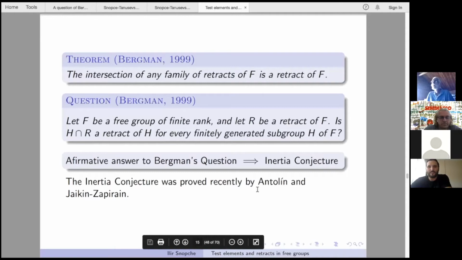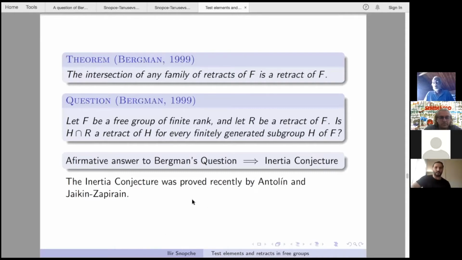Regardless of this, I will now discuss the Bergman question. We spent time working on Bergman's question much earlier than Antolin and Heiking's appearance. Of course, we wanted to obtain the inertia conjecture and prove a positive result in this direction, but we were really interested in the question itself because it was an important question.